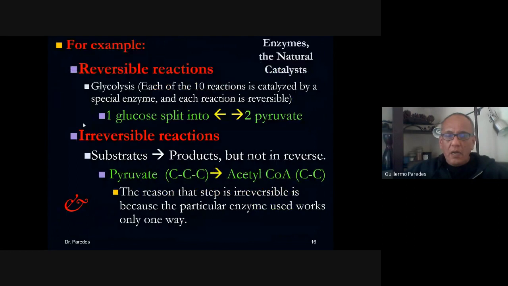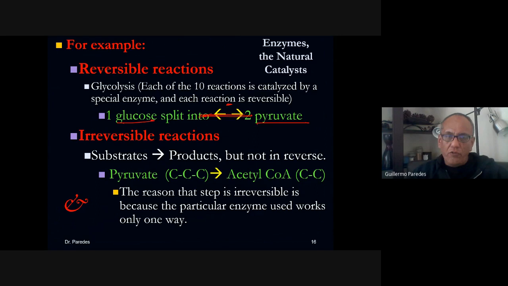Examples, pyruvic acid. Some enzymes can help in one direction. For example, in the case of glucose and pyruvic acid, the same enzymes are going to be used either way, glucose to pyruvate or pyruvate to glucose.